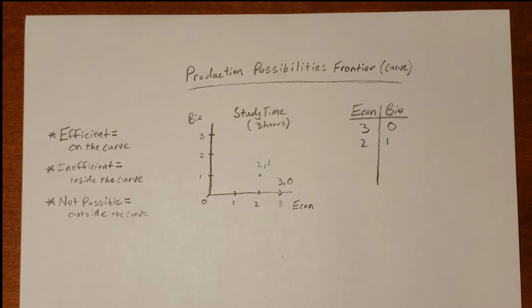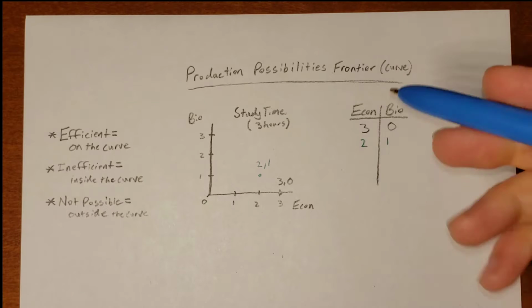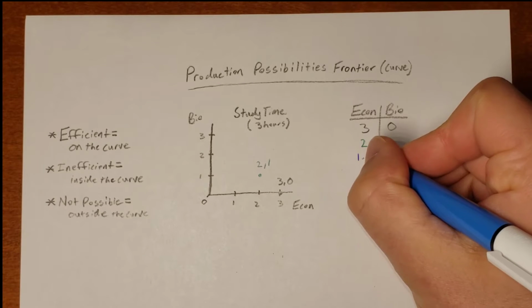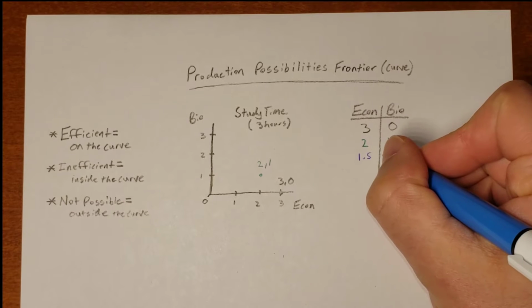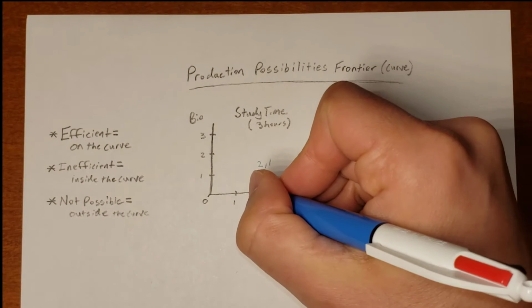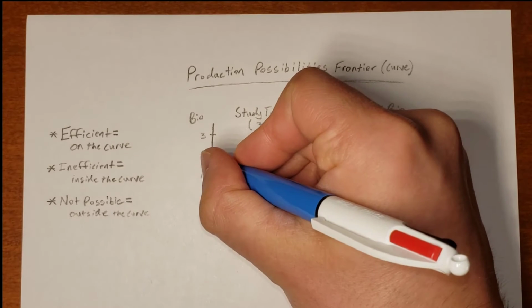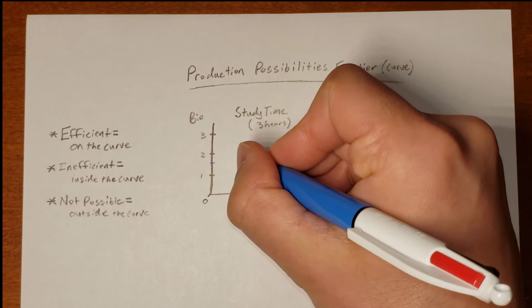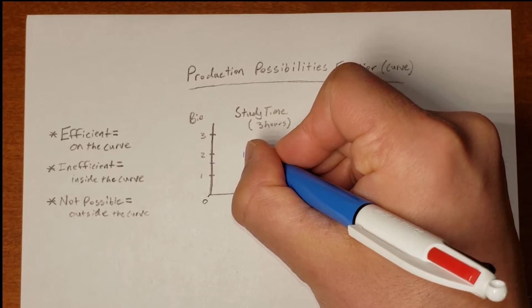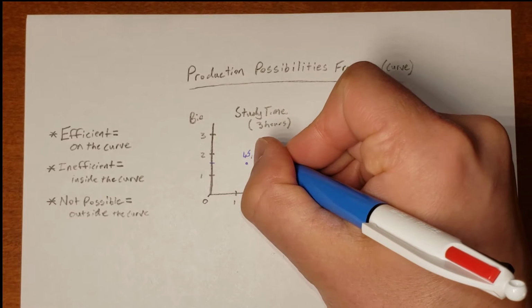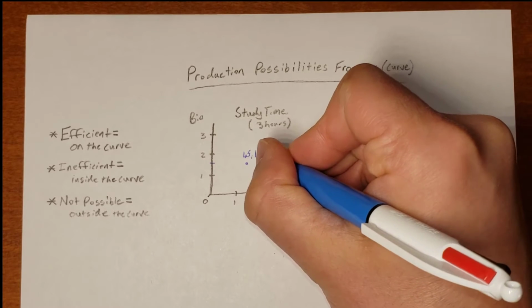We might think of some other combinations. You could even go halves here. We could say, well, what if you just did half and half? We could spend 1.5 on economics and 1.5 on biology. So we could put a point here in the middle, say, okay, we're going to be spending half of our time on economics and half of our time on biology.